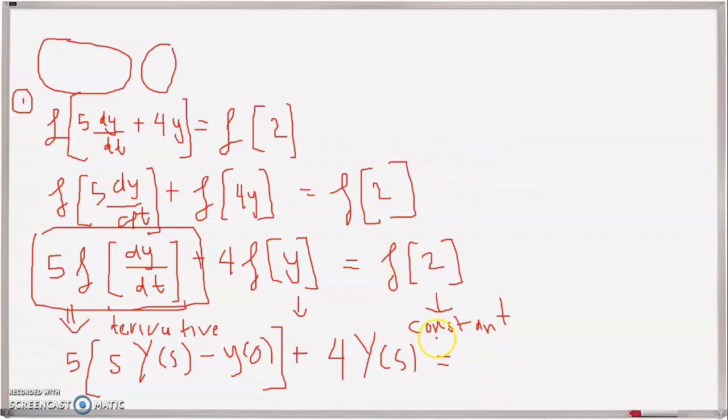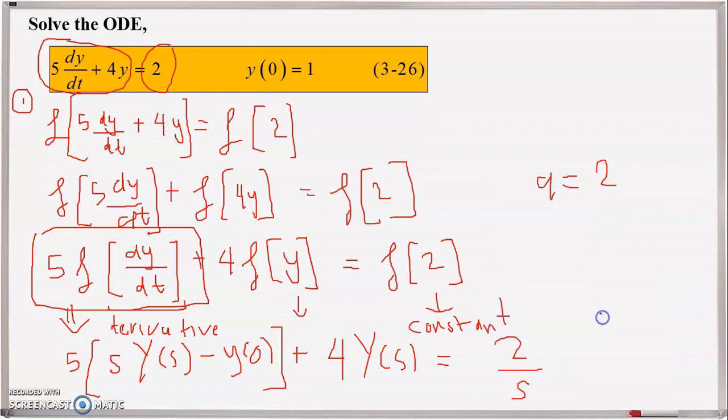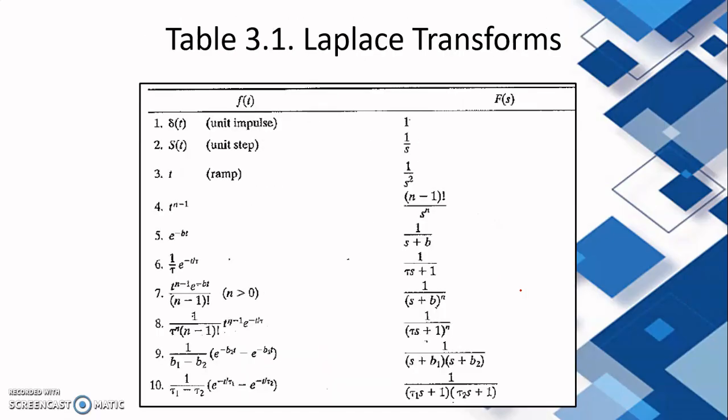So for number 2, this is assumed as a equal to 2. So the Laplace transform of this one is equivalent to 2 over s. So this is the first step you take: convert both sides with the Laplace, and then write the expression in terms of Y(s). After you finish this one, let's look at the second step.